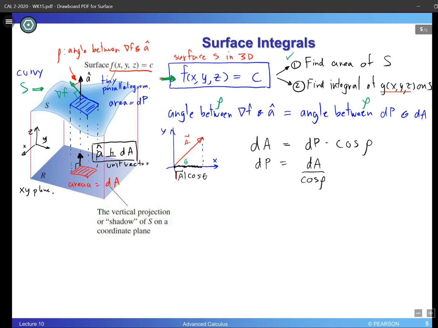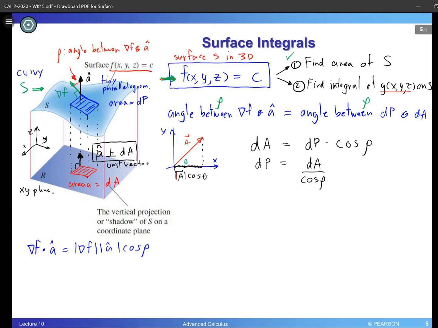So let's write it right here. We are going to find the dot product between them. The dot product between gradient of f and a hat is going to be equal to the absolute value of the gradient of f times the absolute value of the a hat times cosine of the angle between them, and that is rho.